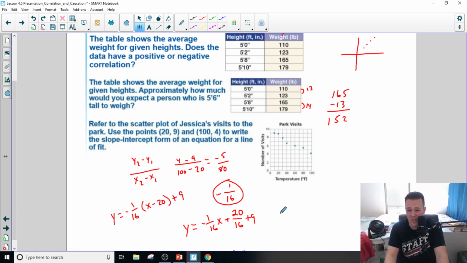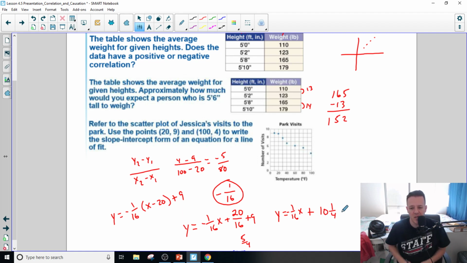20 over 16 would be 1, and so let's just simplify this here. This can be simplified to 5 over 4. Then if I add that in, it would be plus, oh, don't forget the negative, 10 and 1/4.